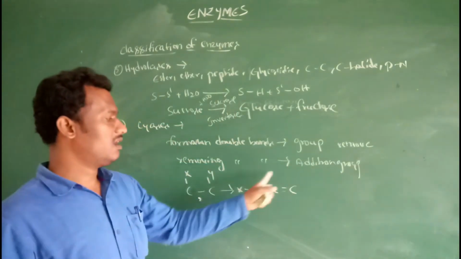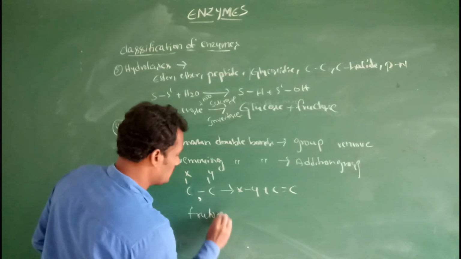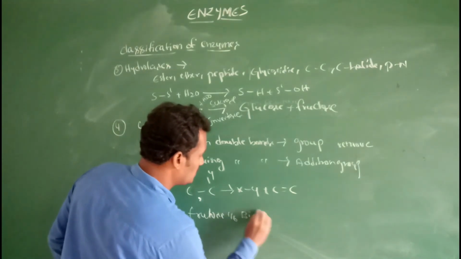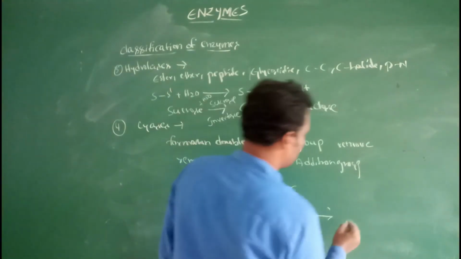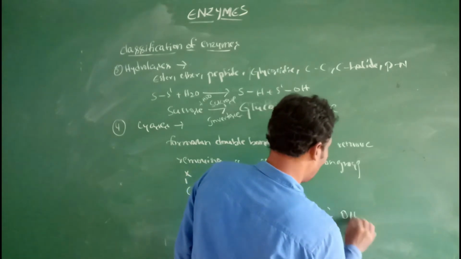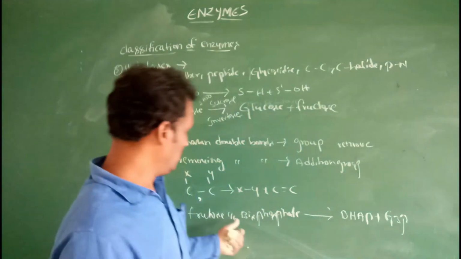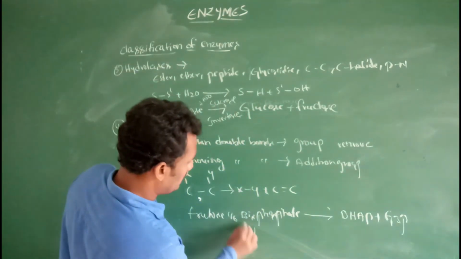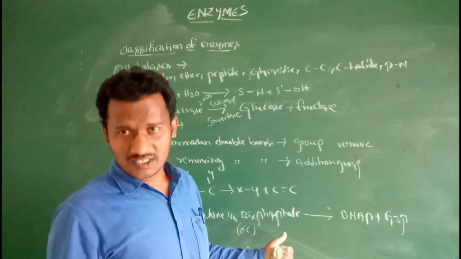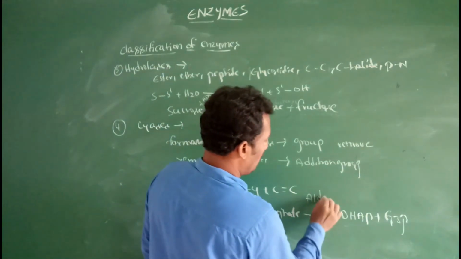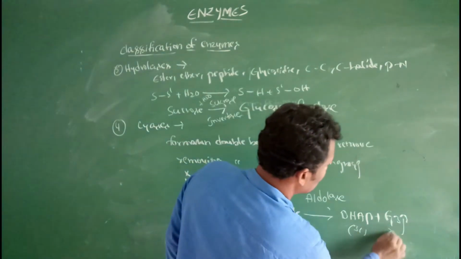So here is the formation of double bonds. Fructose 1,6-bisphosphate is converted into DHAP, dihydroxyacetone phosphate, and glyceraldehyde 3-phosphate. This is the fifth step of glycolysis, catalyzed by the aldolase enzyme, which converts it into 3-carbon sugars.